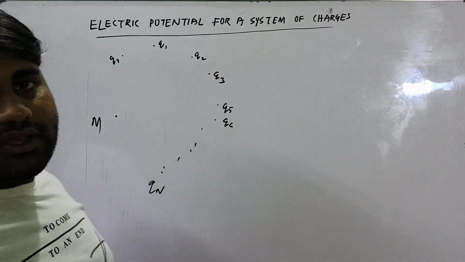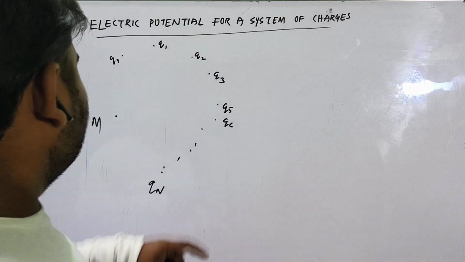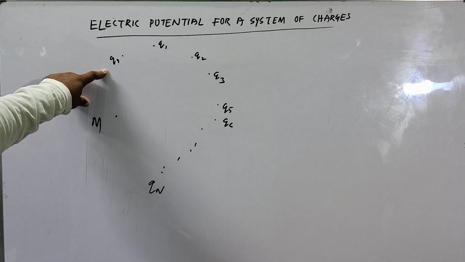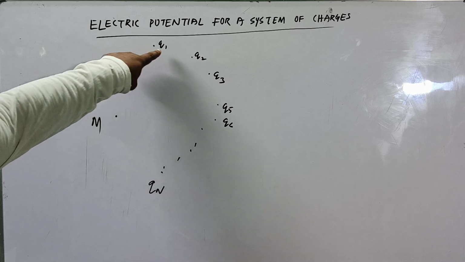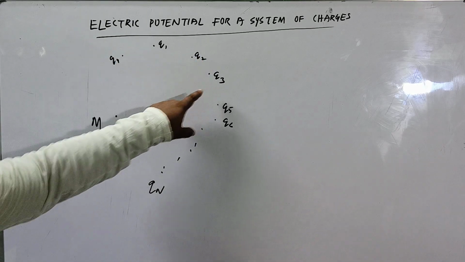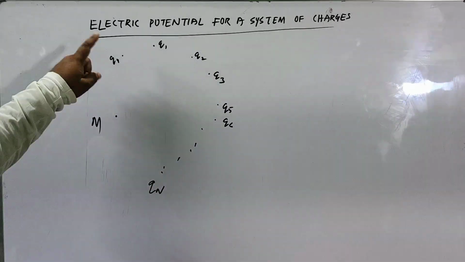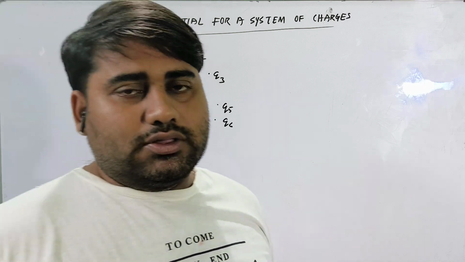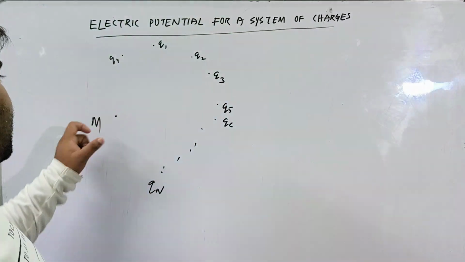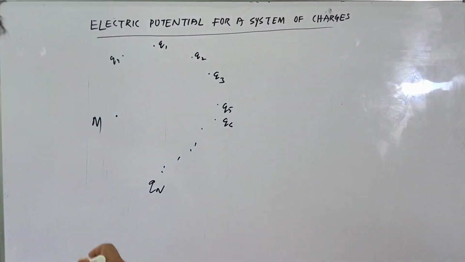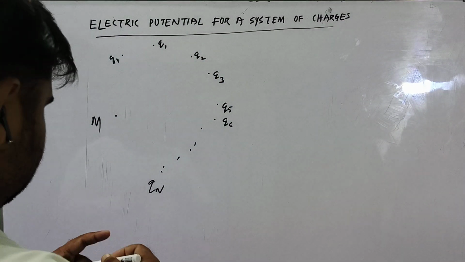There are n number of charges present around M, and you need to calculate the potential due to Q1 at M, due to Q2 at M, due to Q3 at M, and all of these potentials at M. And you have to show what the net potential at M is. I think you get the diagram.